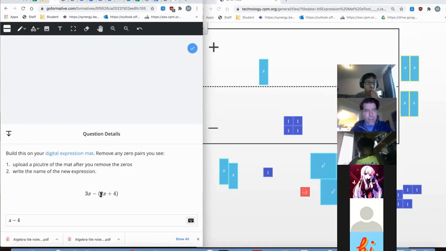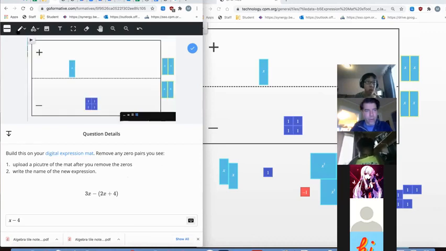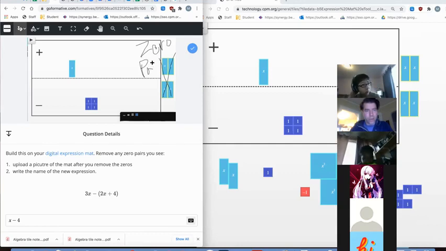Okay, I'm going to add my image, and then I'm actually going to show, maybe I'll even write that these are 0 pairs, right? Boy, if I had a stylus, this would be easier, but I don't on this.